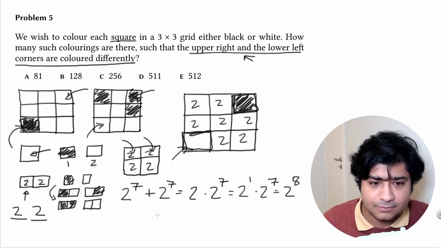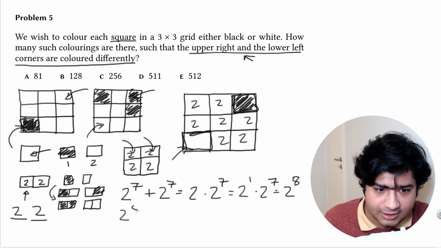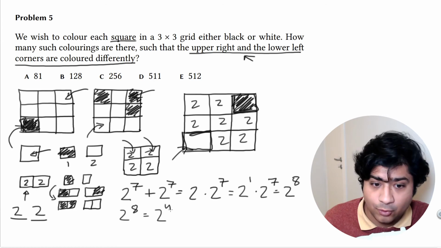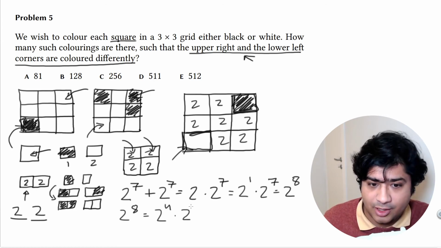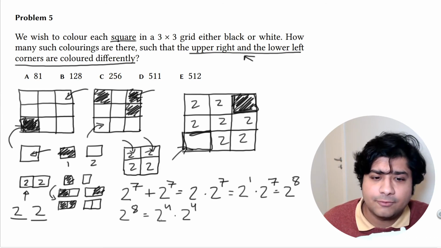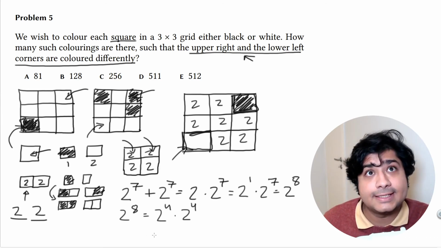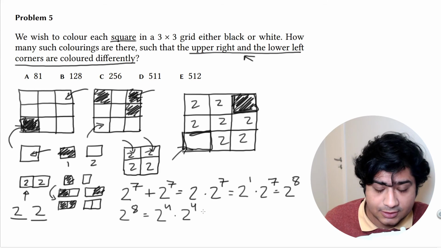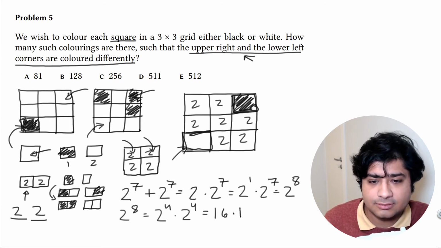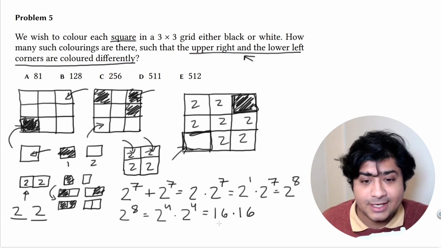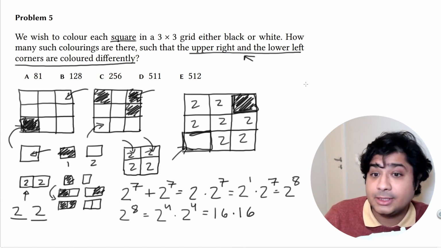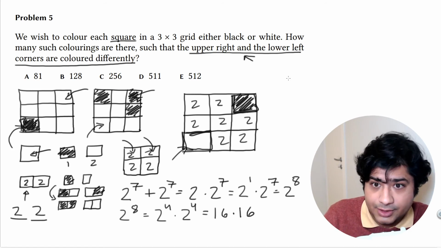And 2 to the power of 8 is 2 to the power of 4 times 2 to the power of 4. And what is 2 to the power of 4? Well, 2 to the power of 4 is 16. And this is, of course, the same thing. So now we have numbers here that we can multiply by each other.